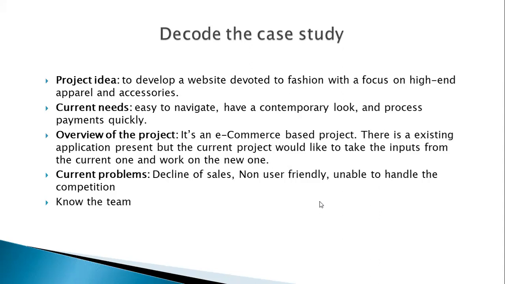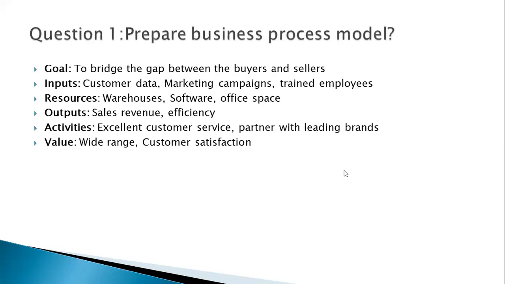The first question here is to prepare the business process model. So please understand what a business process model is. Basically, every organization has a motto, a mission and a vision, right? In order to achieve the organization's goal, every organization should follow a certain process.